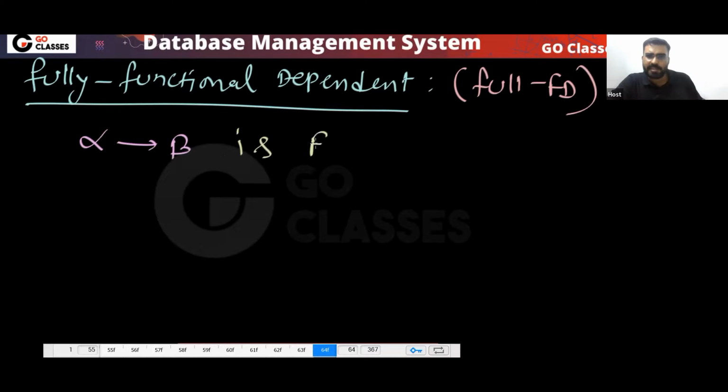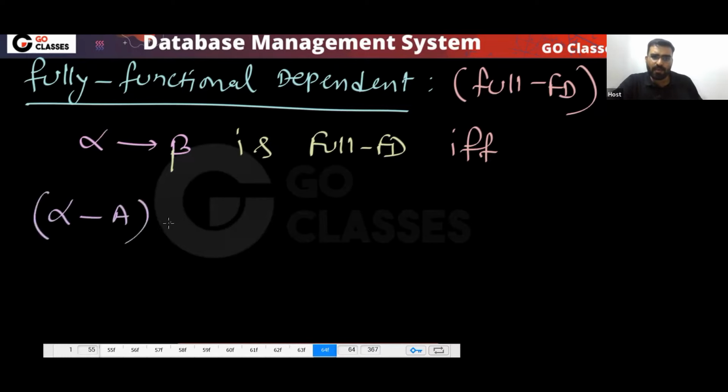Beta is fully dependent on alpha if and only if, if you remove something from alpha, alpha minus A, then it will not determine beta. For all A belonging to alpha, if you remove something from alpha, it will not determine beta.